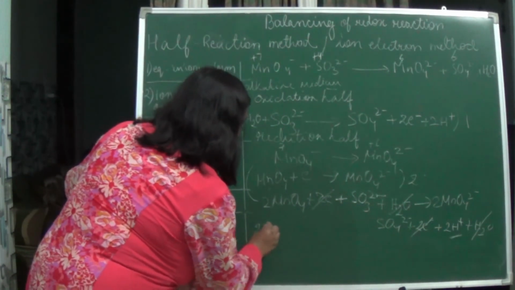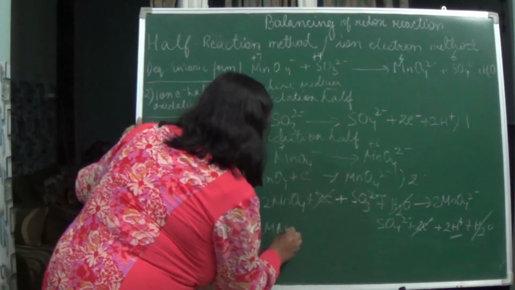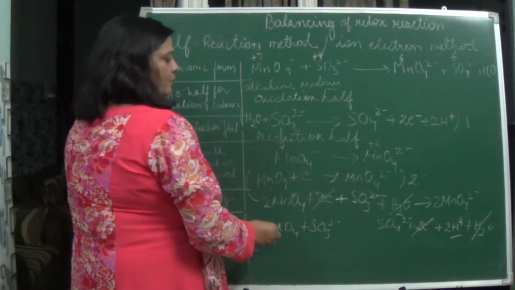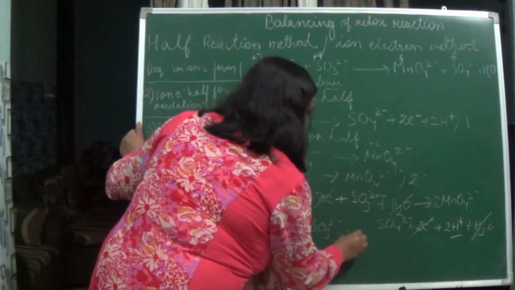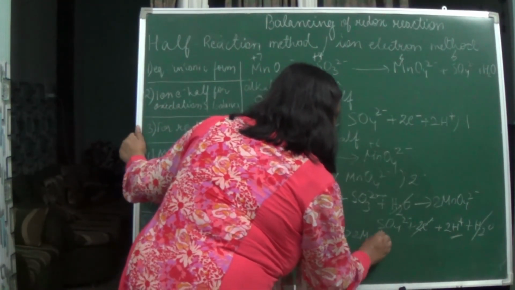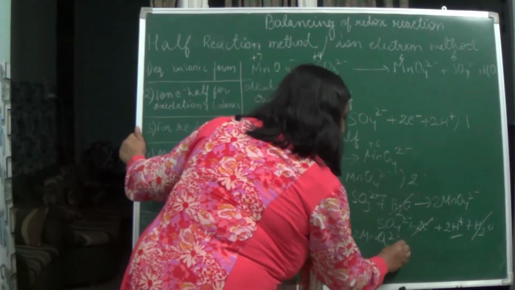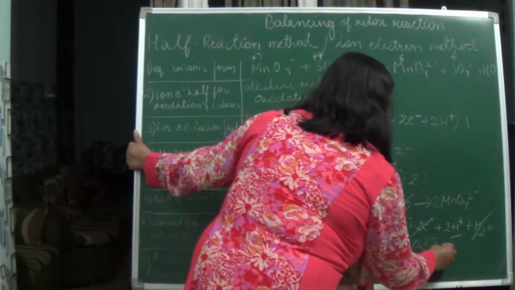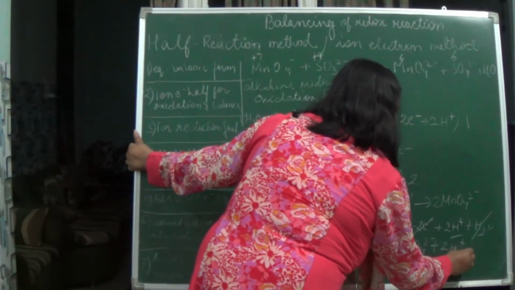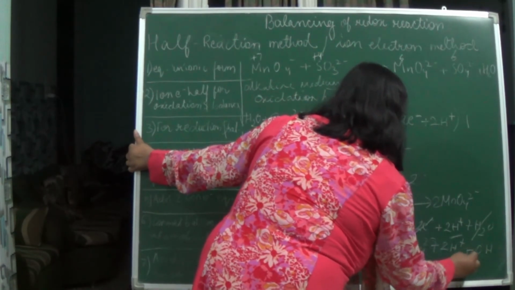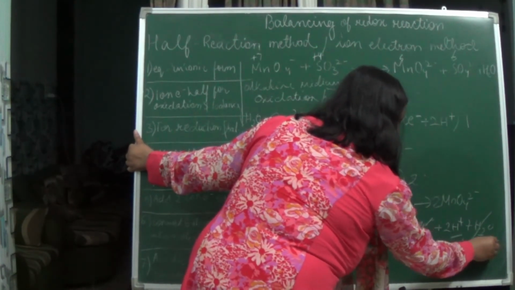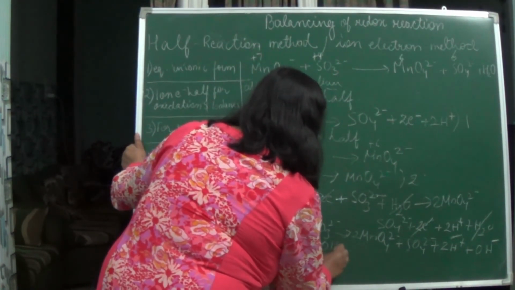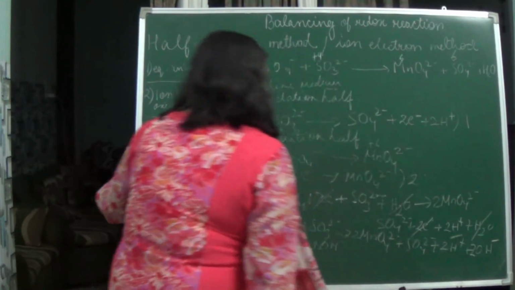So now the equation becomes 2MnO4 minus plus SO3 2 minus, okay, it gives 2MnO4 2 minus plus SO4 2 minus, okay, plus it is 2H plus ions, so I said you will be adding OH minus over here also and OH minus over here also, and here you will be adding what? 2 OH minus, here also it is 2 OH minus, okay.